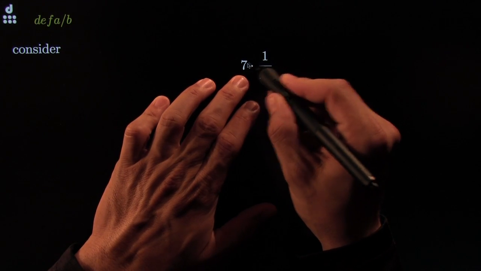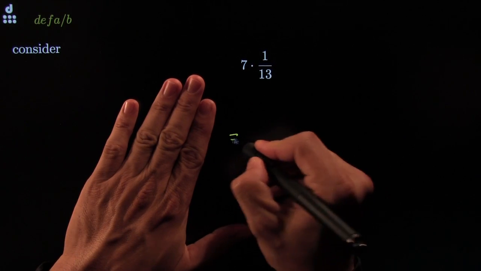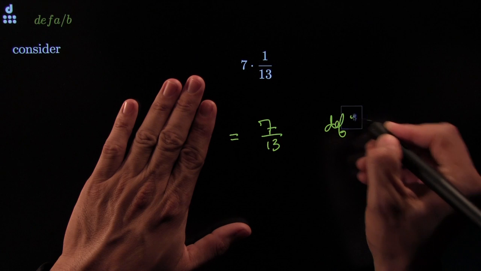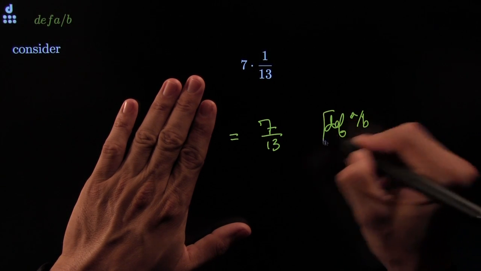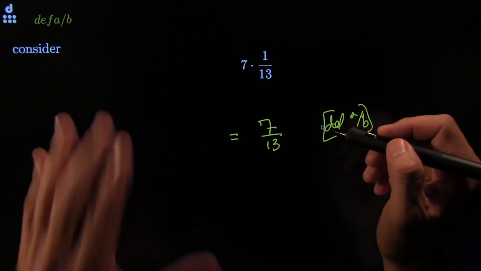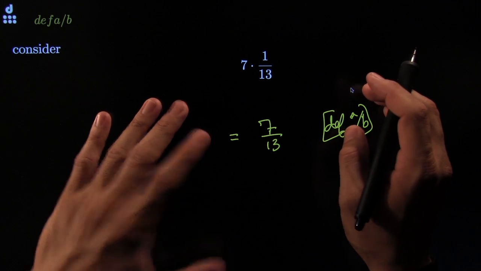If you ever see something like 7 times a 1 over that, you can think, whoa, somebody brought it down. Maybe I could use the definition of a fraction and put that back up there. That is the definition of a fraction used a bit backwards, but nevertheless, it's the same definition. Now let's start to prove some theorems with it.